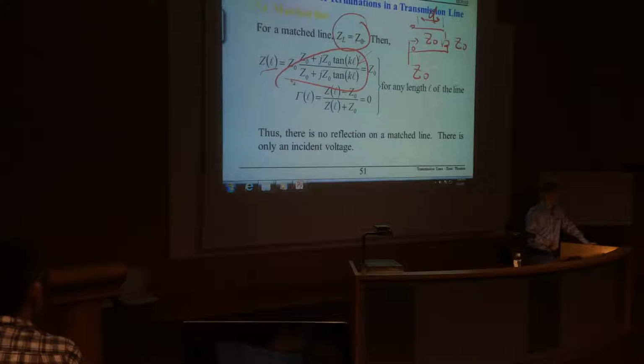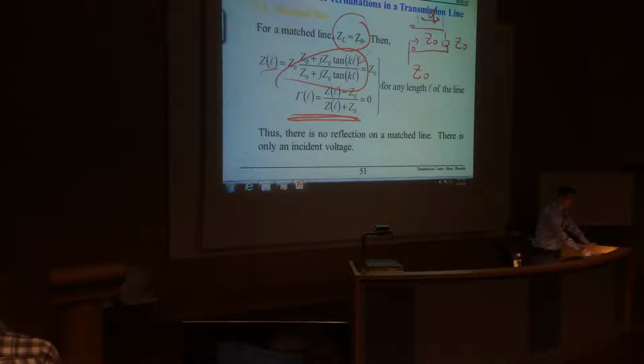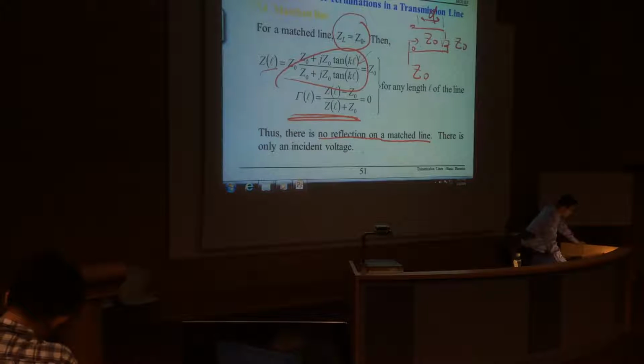Also, from this equation, at any location the reflection coefficient is equal to 0, which means all the power will be transmitted or absorbed by the load. So there's no reflection on the matched line, only the incident voltage.